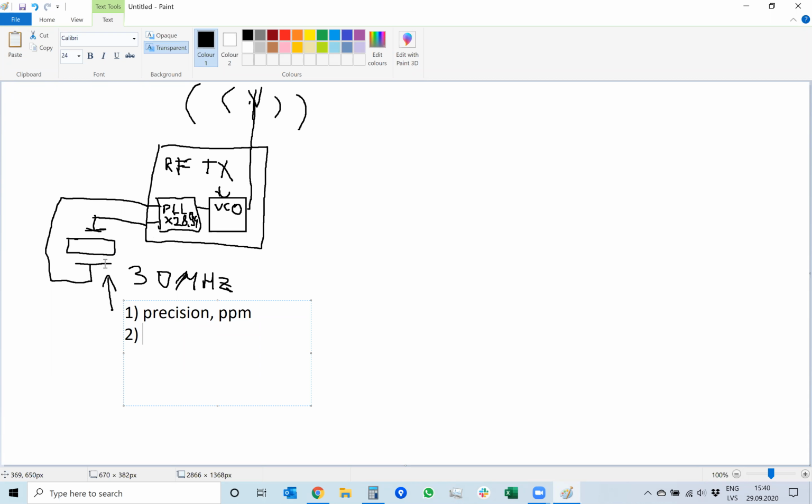Well, actually, the process is more complicated, and the deviation has a slightly different form, but generally, temperature impacts the precision of the crystal used for transmission. So one is precision, and the second is temperature. It's expressed in parts per million over the entire temperature range.